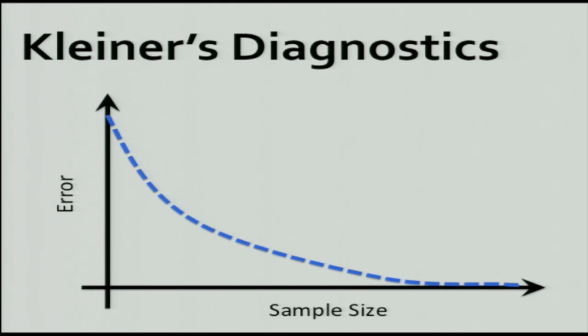There has been research in the statistics community on diagnostics that can be applied to a query to figure out whether the error associated with a particular sample size, as estimated by closed forms or Bootstrap, is correct or not. So all in all, these procedures operate on a particular sample size, look at the error, and give us a thumbs up or thumbs down on whether this particular error is correct.